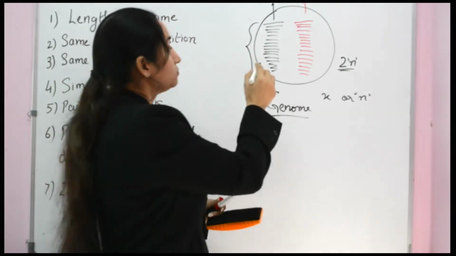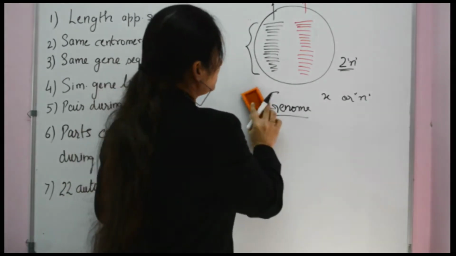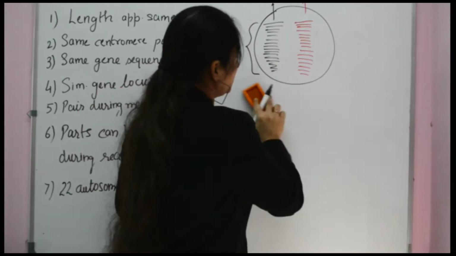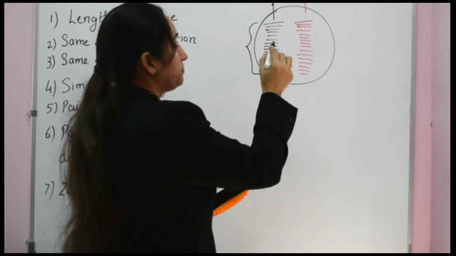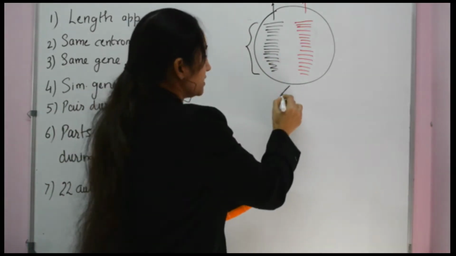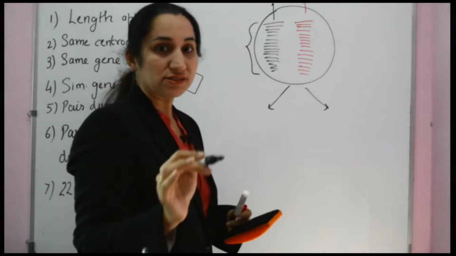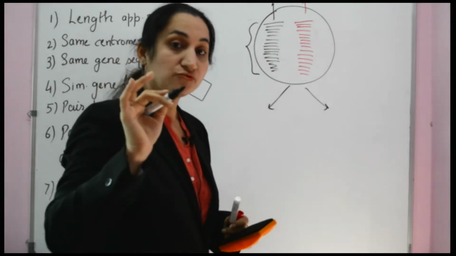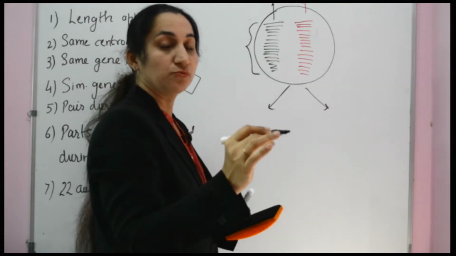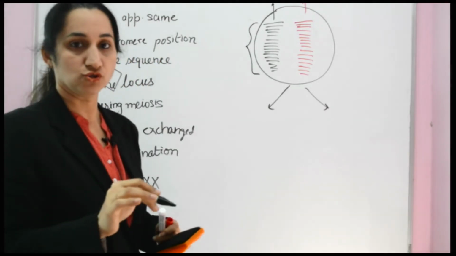Now we know that in the case of meiosis, a parent cell gives rise to daughter cells, but the daughter cells have half the number of chromosomes.